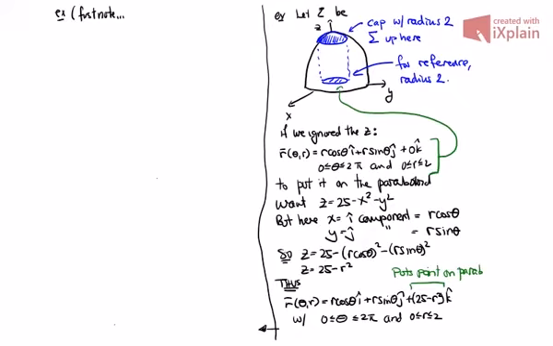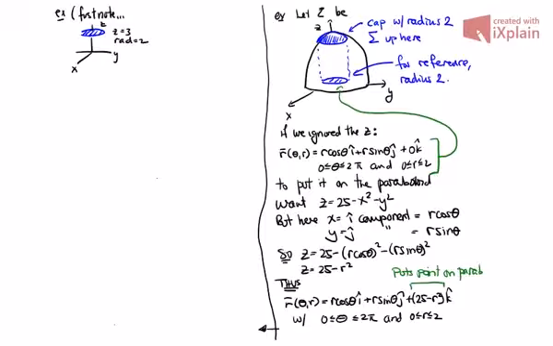The second example that we drew was a disk. It was a disk up at z equals 3, and it was radius equals 2.